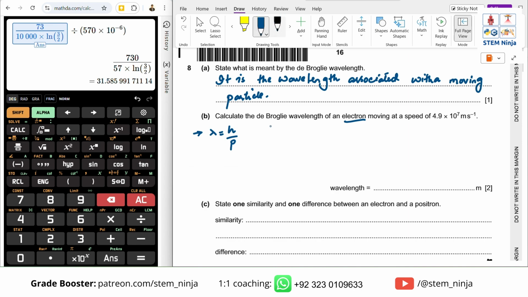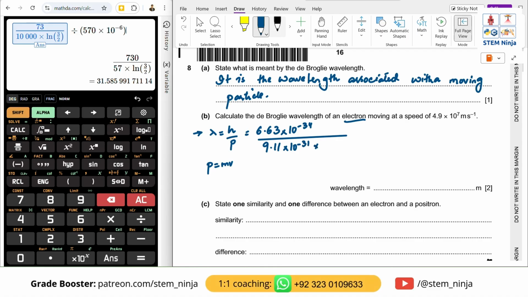So now we fill in the values. p is mv, basically momentum. So h is 6.63 × 10^-34 divided by the product of mass and velocity. Mass is 9.11 × 10^-31 kg, and speed is 4.9 × 10^7.